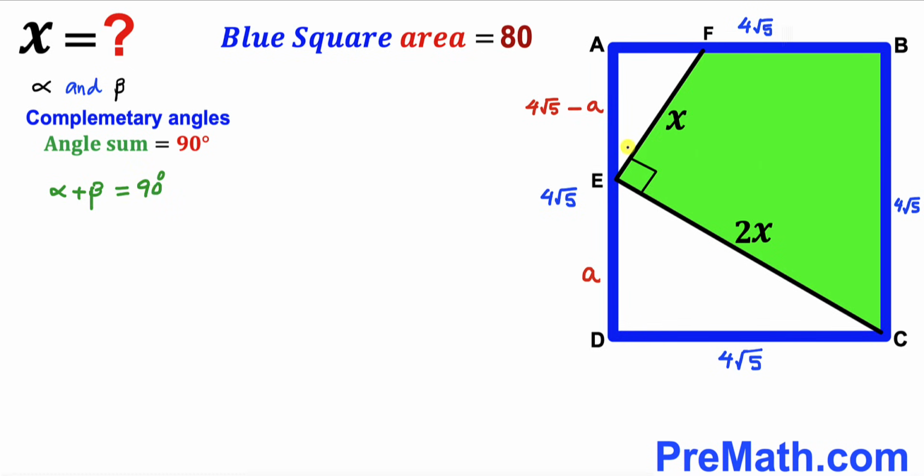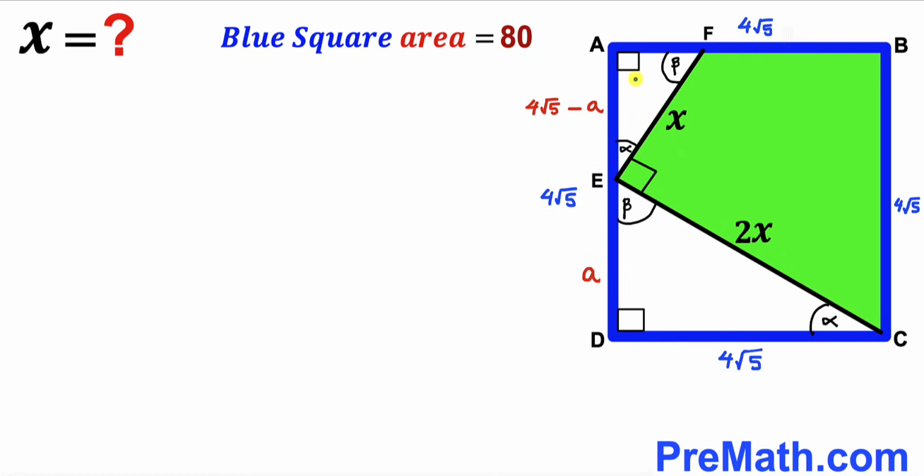If I label this angle alpha, and we know this is a 90 degree angle since we are dealing with this blue square, then this angle has got to be beta. Likewise, with this 90 degree angle and this angle alpha, this angle has got to be beta, and then this angle has got to be alpha.